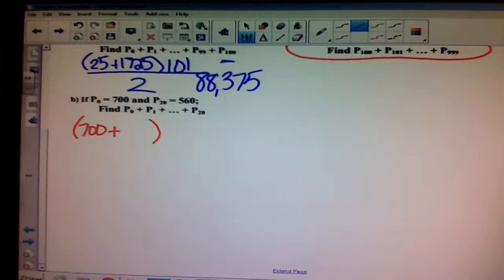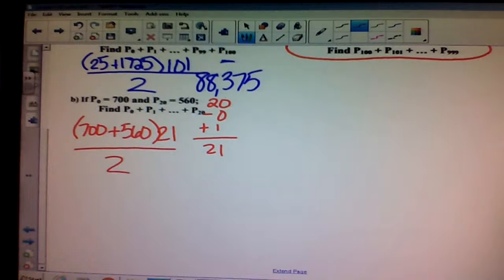What's my last number? 560. How many terms do I have? 21. Again, 20 minus 0 plus 1, 21 terms. Divided by 2. 13,230.